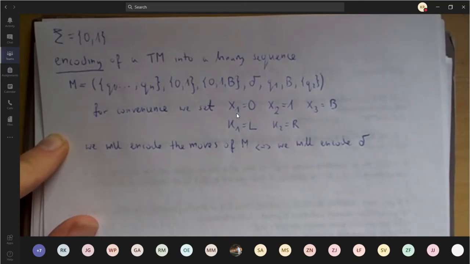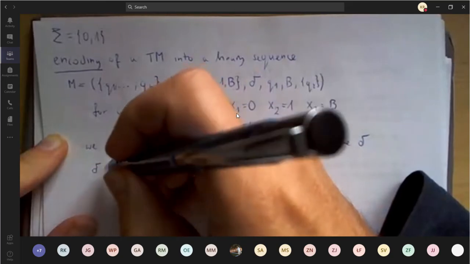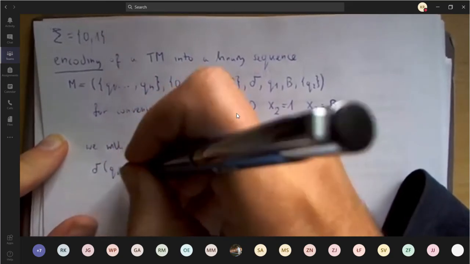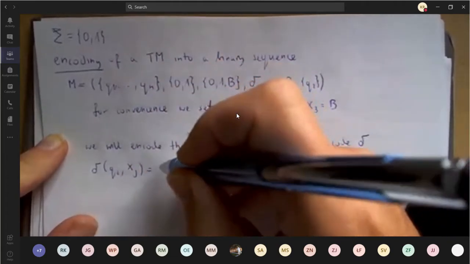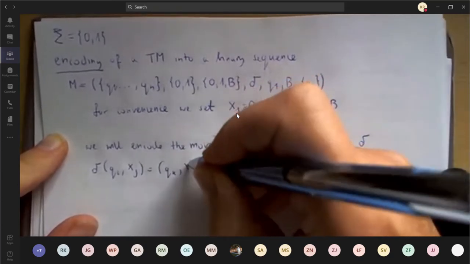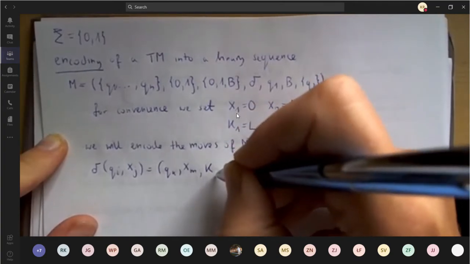Suppose that the value of our transition function for the arguments qi and xj is equal to qk, xm, and kl.